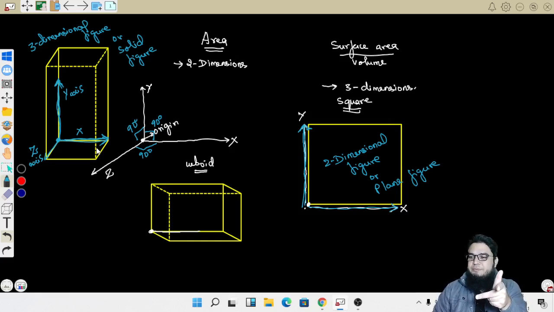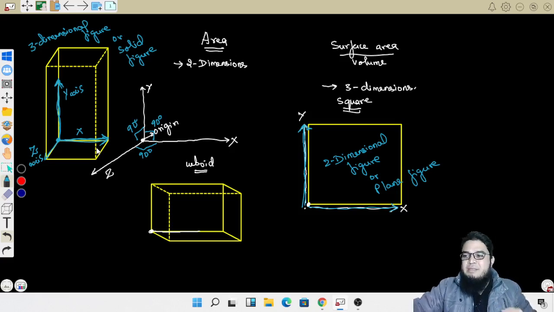Getting my point? So all those figures that cover all three dimensions will be considered as a three-dimensional figure, or you call it a solid figure. For example, this mobile. So this mobile is what? A three-dimensional figure. Why? Because it is covering the three dimensions of space, that is x-axis, then y-axis, then z-axis. Okay.